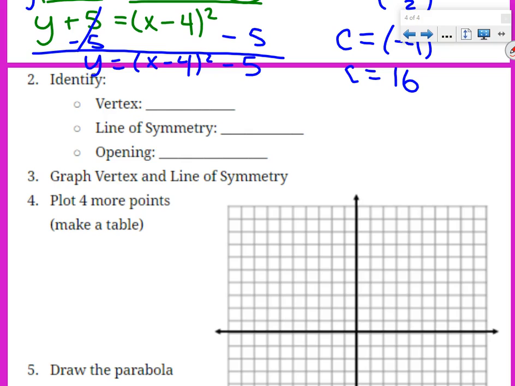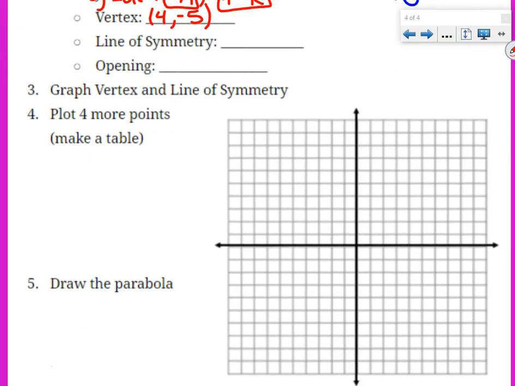Identify our vertex. So y equals a times x minus h squared plus k. Our h, it's minus 4, so we can just put 4. And then our k is minus 5, so it's actually going to be negative 5. All right, if we put that on our graph, that would be right here, 4, negative 5.